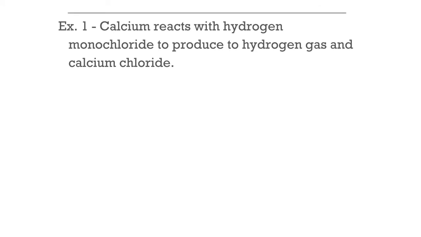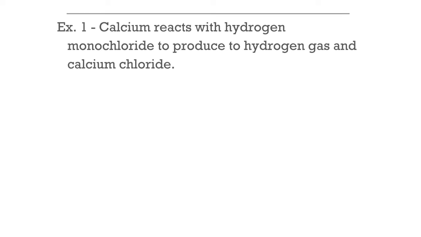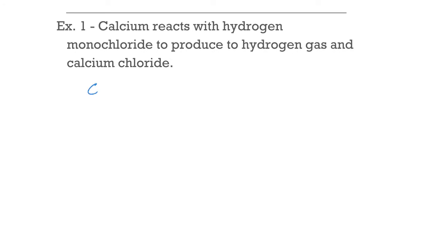So let's start with our first example to write, again, a full balanced chemical reaction from a word equation. Example number 1: calcium reacts with hydrogen monochloride to produce hydrogen gas and calcium chloride. So we're going to start writing out each element or compound and its chemical formula. Well, calcium is by itself, so I can just write Ca for calcium.